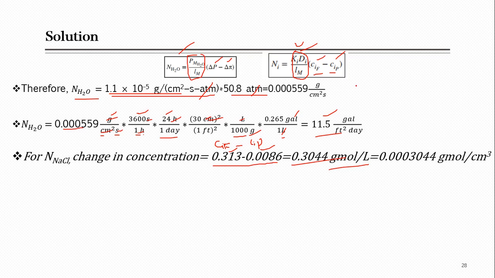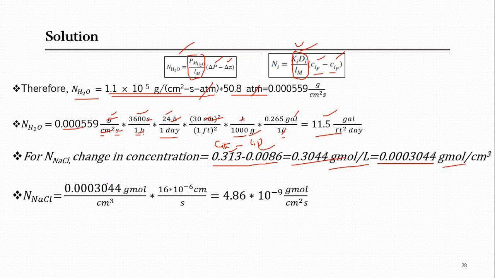Due to this reason I have made one conversion from liter to cubic centimeter, and that is 1 liter against 1000 cubic centimeter. So when you have to cancel this unit, it will be 1 liter on the numerator divided by 1000 cubic centimeter, and due to this you will get this answer further reduced. It is 0.003044 gram mole per cubic centimeter.